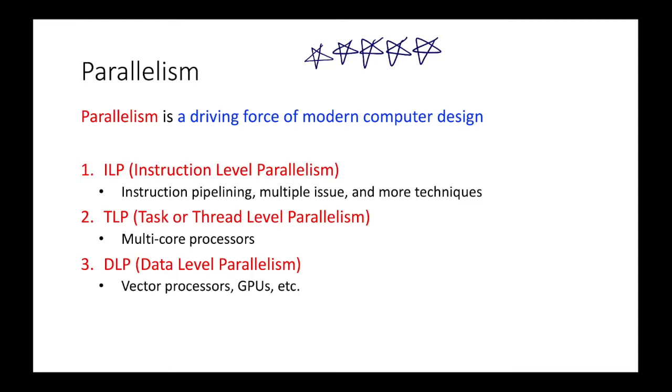The next type of parallelism is TLP, the task level parallelism or thread level parallelism, and we have the example of multi-core processors. And the last type of parallelism is DLP, the data level parallelism, and we have several popular processors for DLP. One is vector processors and GPUs and the SIMD extension engines.